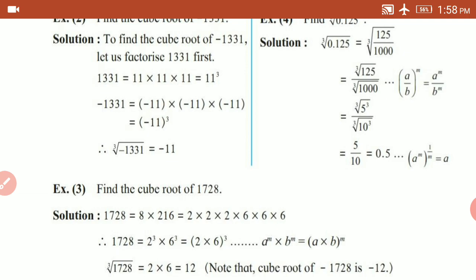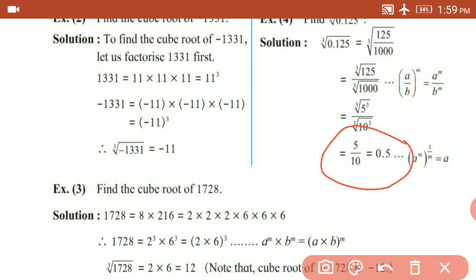Cube root of 125 is equal to 5, that means cube root of 5 raised to 3 upon cube root of 10 raised to 3 is equal to 5 upon 10, and this can be easily converted into decimal form, that is 0.5. That means the cube root of 0.125 is equal to 0.5.